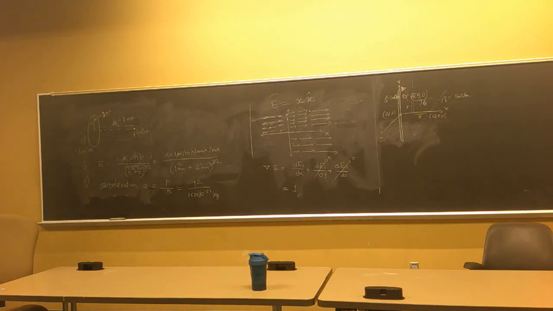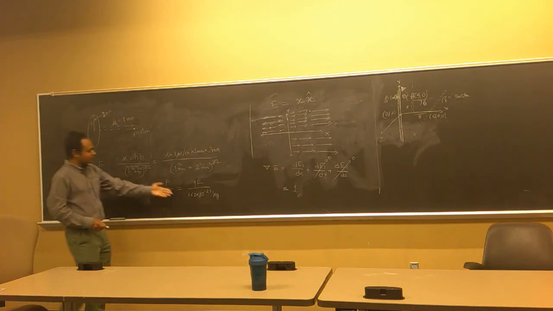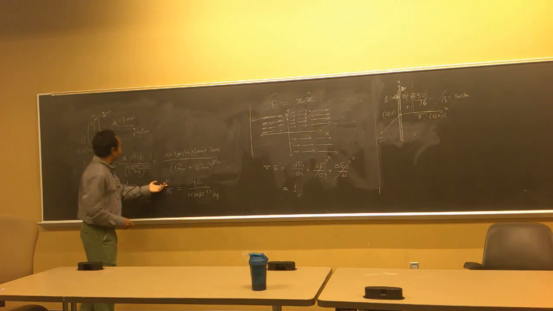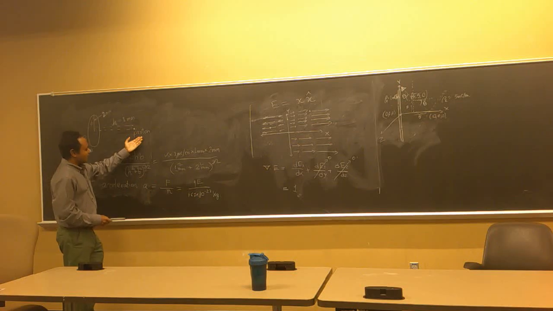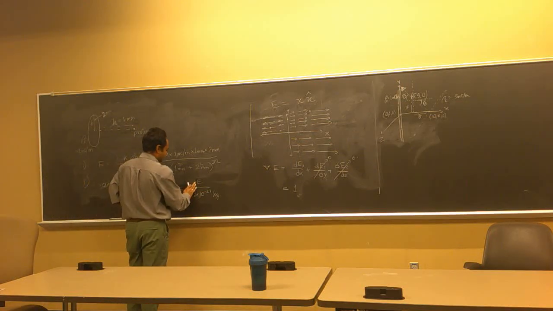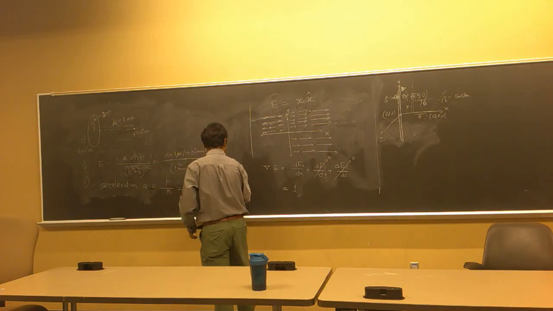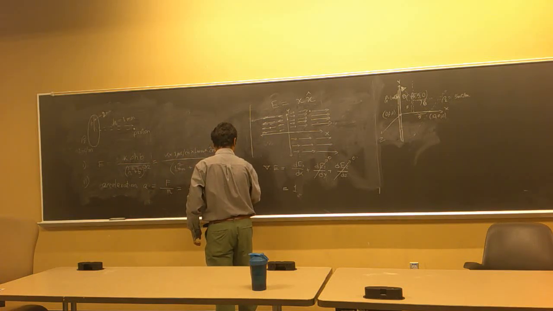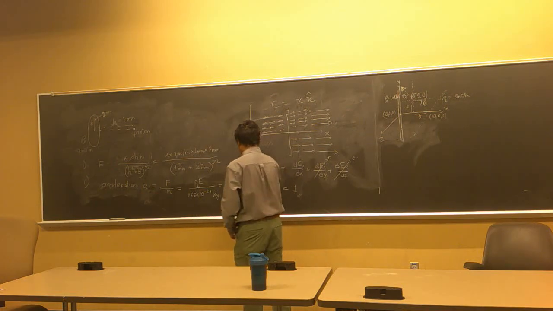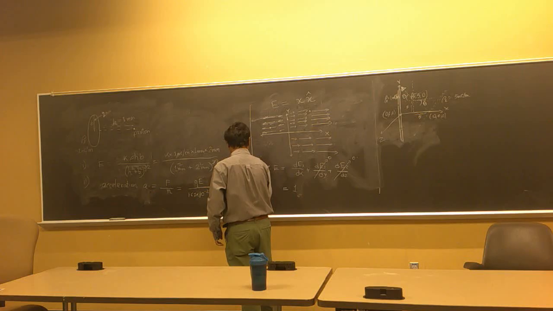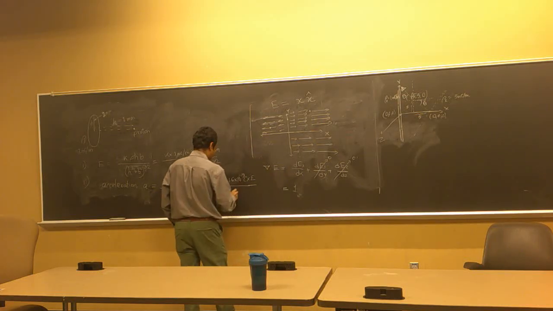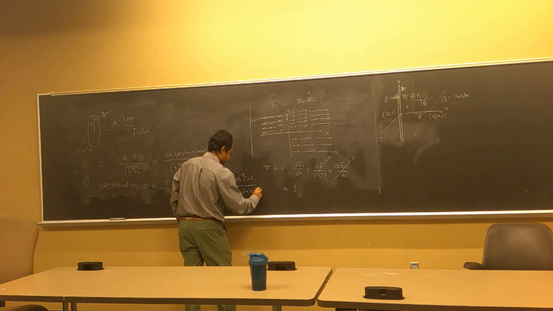So for the mass, I'll be using the mass of the proton, and to calculate the force, I'll be using the charge of the proton, which is 1.6 times 10 to the power negative 19 coulomb, multiplied by the electric field divided by the mass.